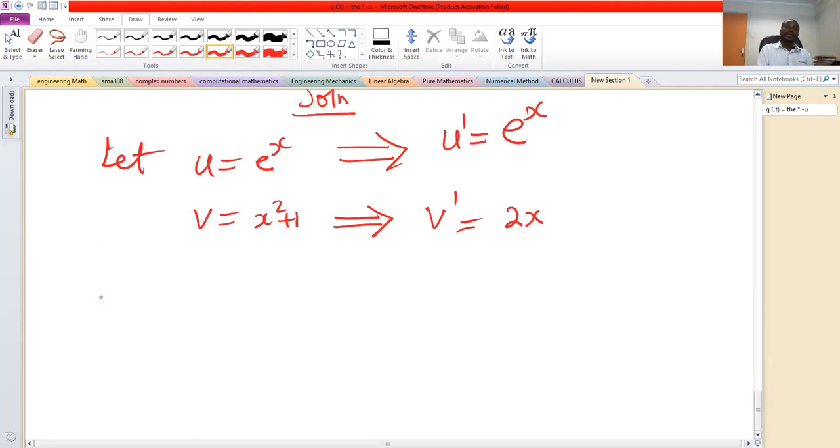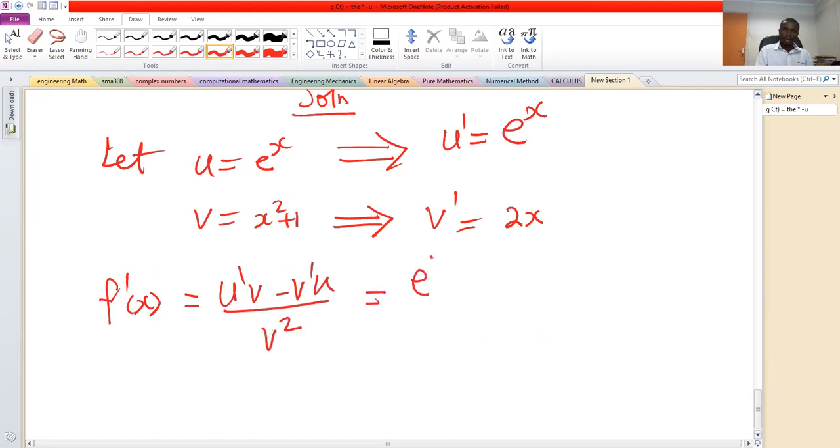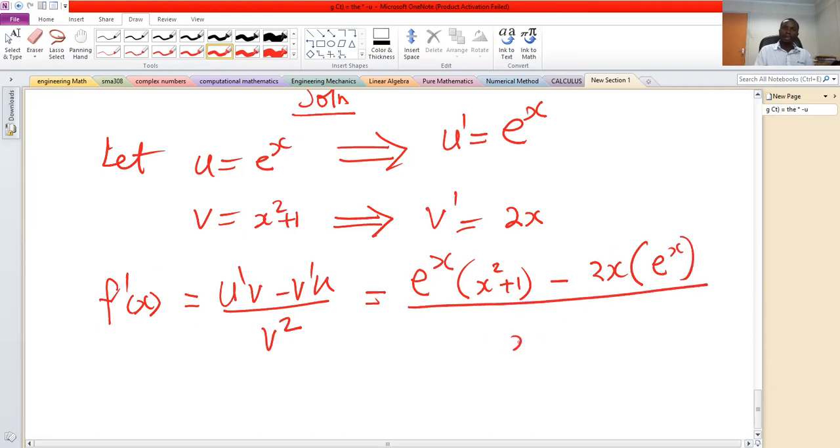So f prime of x, or df/dx, is u prime v minus v prime u divided by v squared, which will be e power x into v, x squared plus 1, minus v prime 2x into u, e raised power x, divided by x squared plus 1 squared.